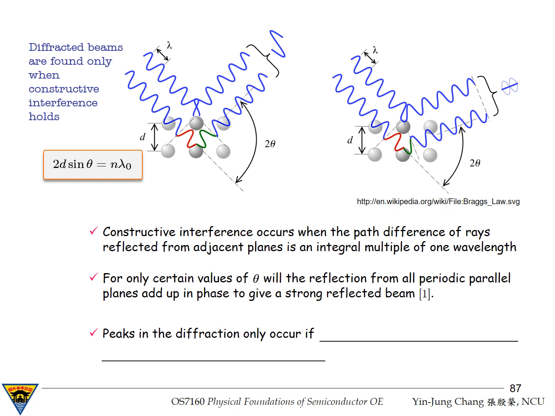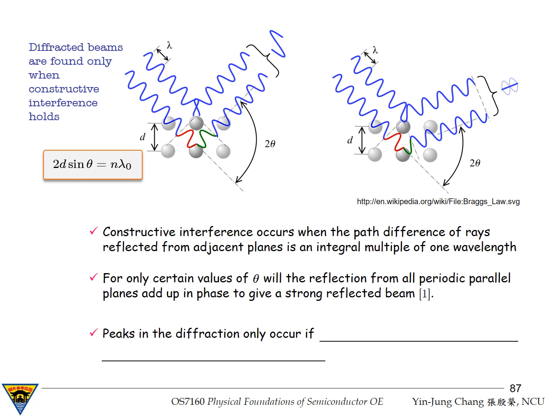Now, if the path difference is equal to an integral multiple of the free space wavelength of the X-ray, meaning that at the same position along the direction of propagation, the reflected beams or waves from adjacent parallel lattice planes are in phase, then constructive interference will occur.